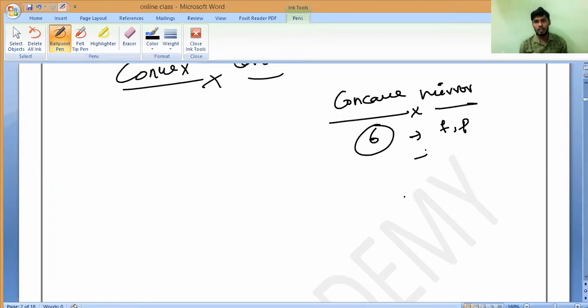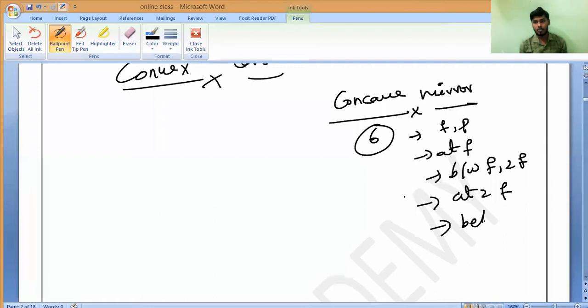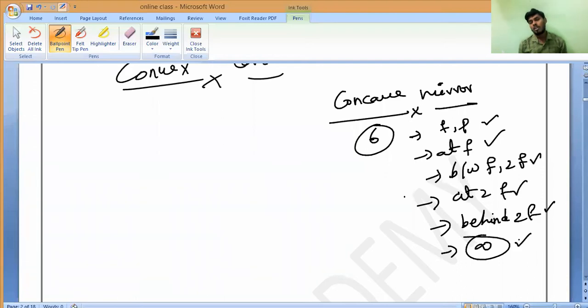How many cases do we have in concave mirror? Totally 6 cases: between F and P, at F, between F and 2F, at 2F, beyond 2F, and at infinity. Is it yes or no? These are the cases we have studied. Is it true or not? All of you? Yes, sir.